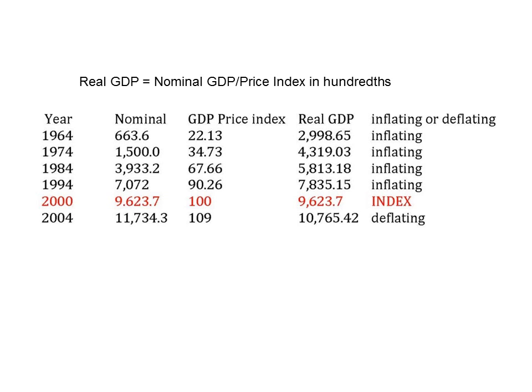And that should make sense to you as well, because between 2000 and 2004, the average prices of goods and services increased, and therefore the economy experienced some inflation. So we've adjusted nominal GDP in 2004 to reflect those changes in the price level, and real GDP calculates to 10,765.42 billion.